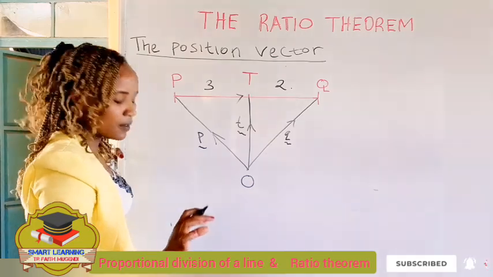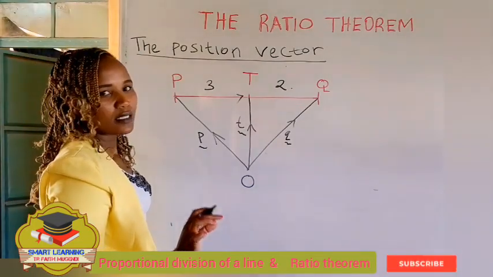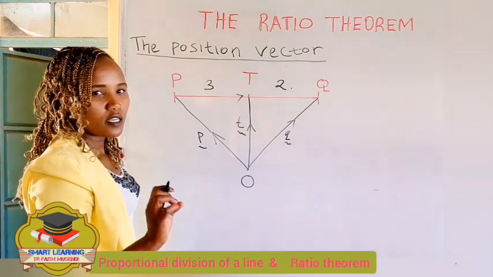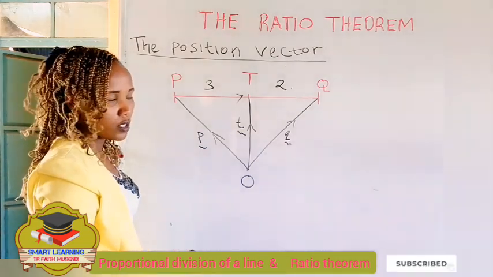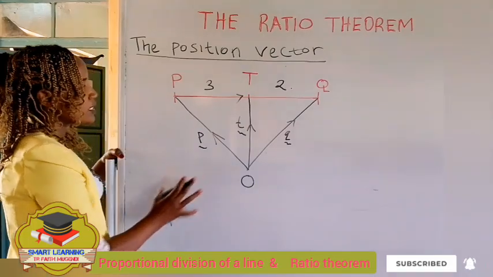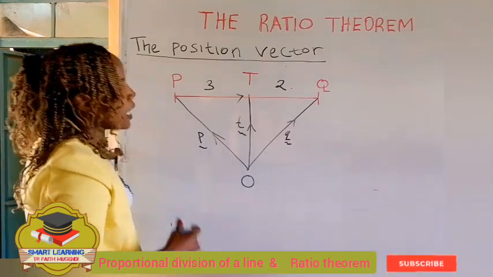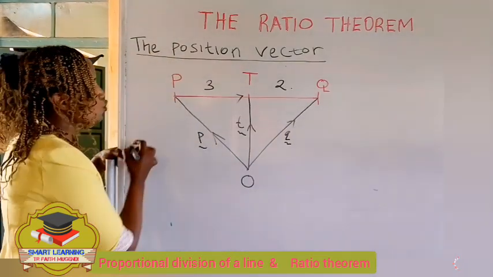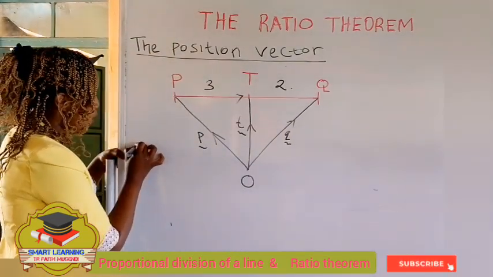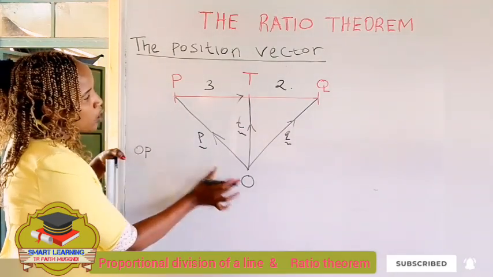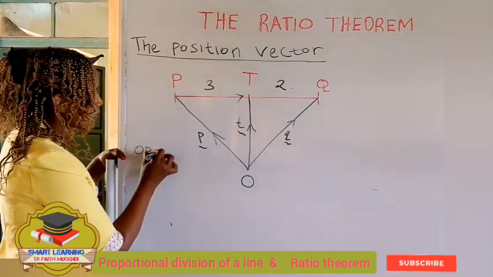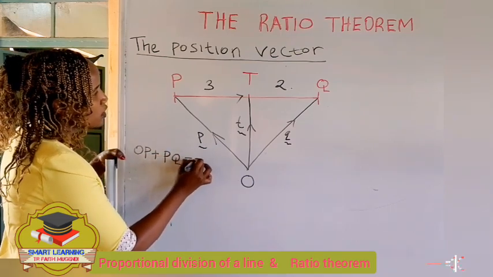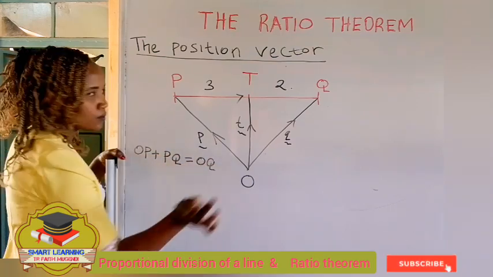Remember, a vector is not a scalar quantity, because it involves both size and direction. Looking at the diagram and remembering the triangular law of vectors, it is true to say that vector OP plus vector PQ gives us OQ.